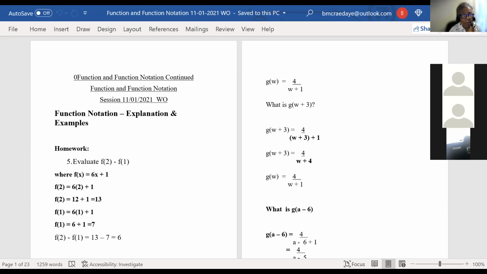Let me give you another example, visually. Okay. Let me give you an example. Now, you should know the domain of a function represents the X values and the range represents the Y values.